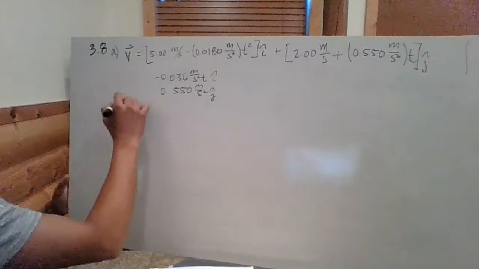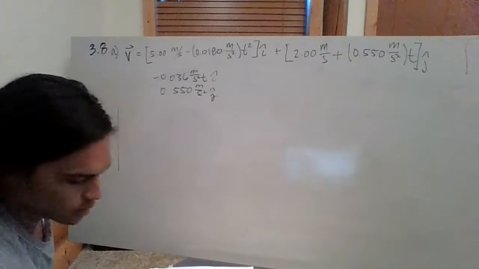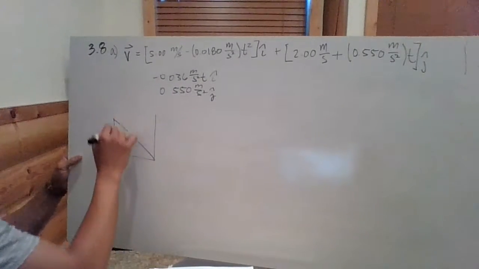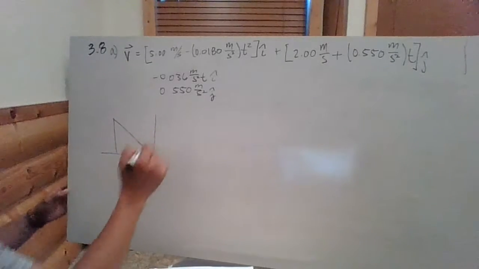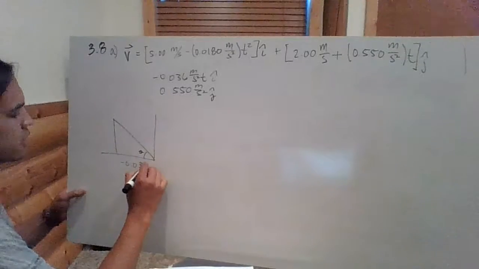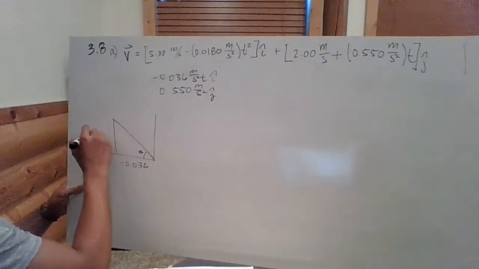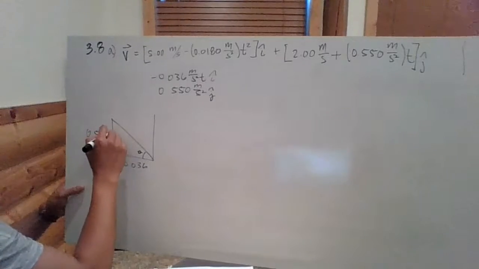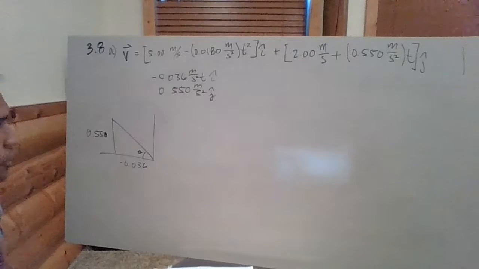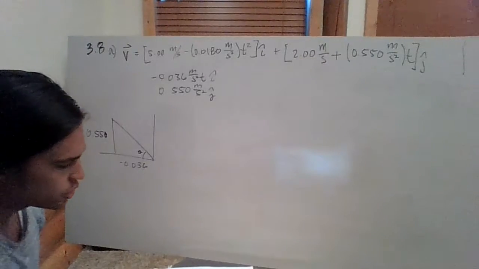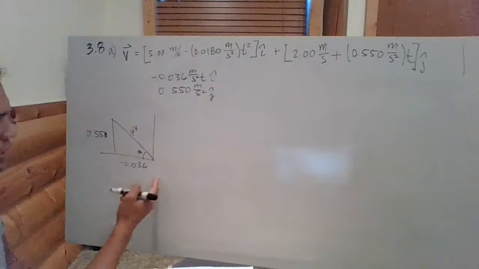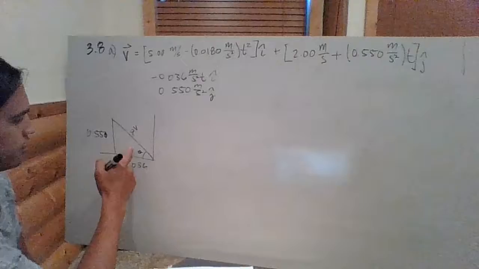Alright, so if this is in the i direction and this is in the j direction, we know we're going to have something like this: theta there, the i direction is negative 0.036 meters per second squared, and the j is 0.550 meters per second squared in the y direction. Just like the last problem, this is the acceleration, so we need to take the tangent of this angle.